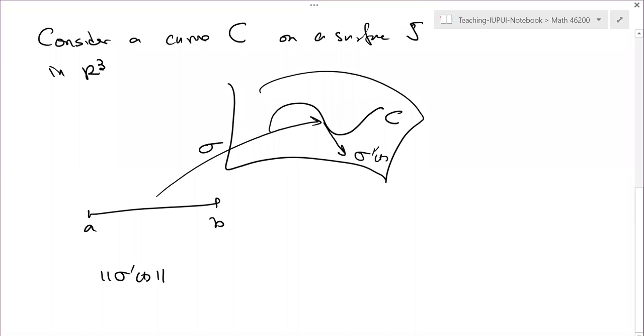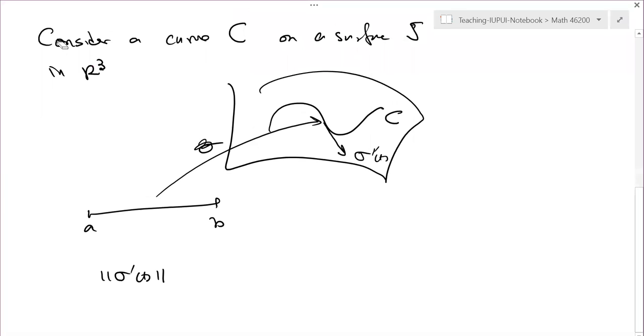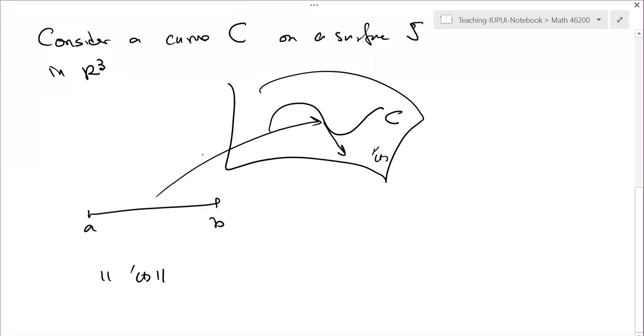I should not use sigma because I've been confused. I'm going to use gamma. For the curve, a typical notation for the parameterization is gamma, not C. Sometimes the curve is also denoted by C, so we can use C. Yes, C is a curve.